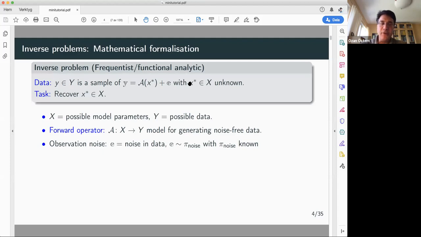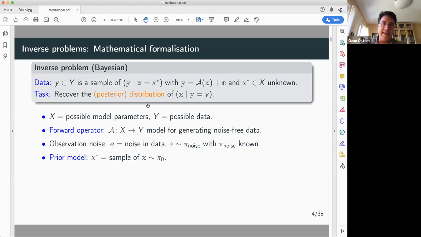When we do that, you very naturally end up in a Bayesian formulation, which essentially reads like this. Here we added a prior model. Now X star is not just a deterministic quantity. In fact it is a deterministic quantity, but it's also a sample of a random variable, which has some prior distribution.